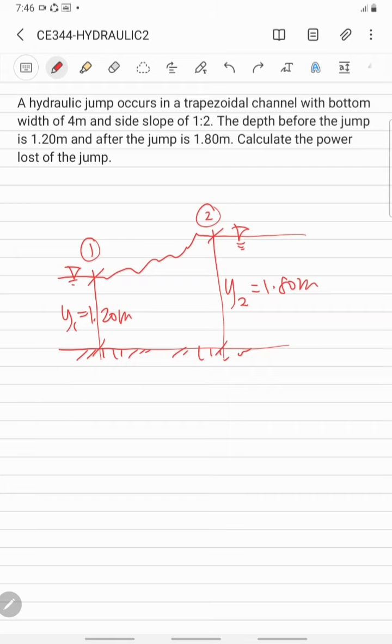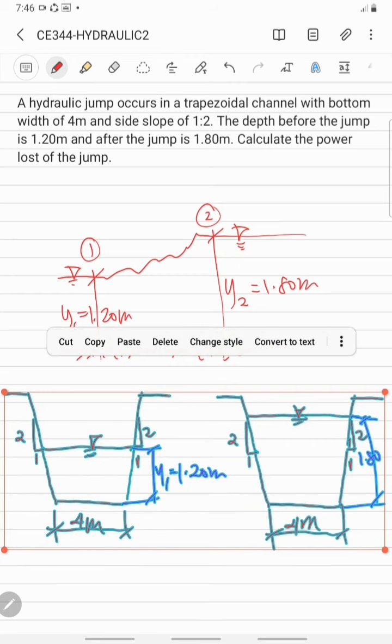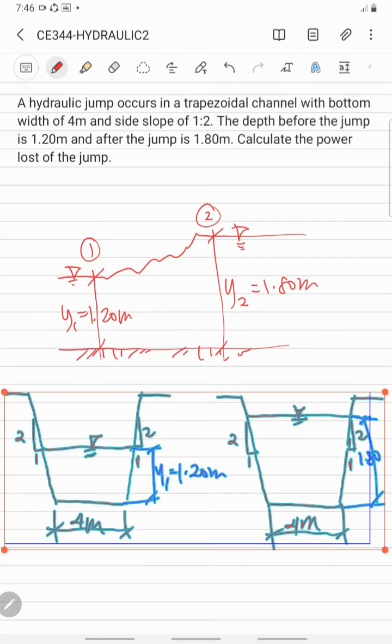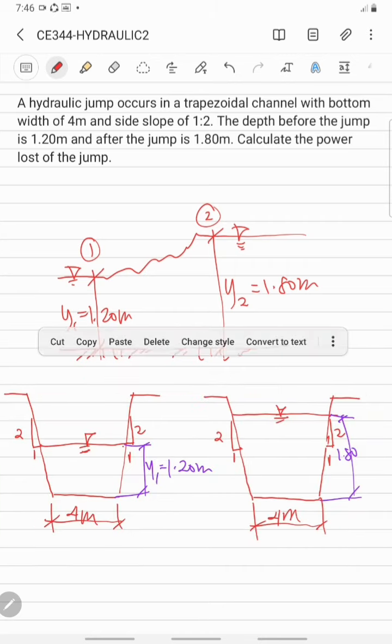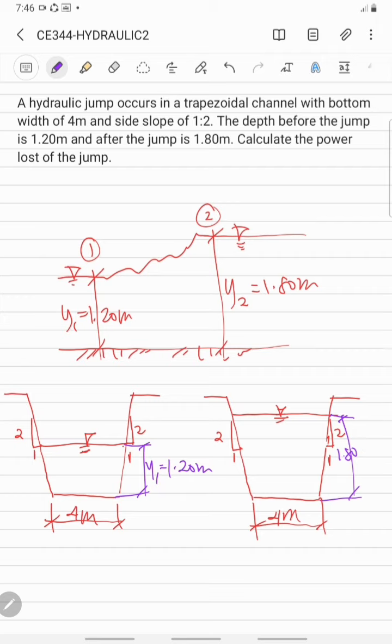The hydraulic jump occurs in a trapezoidal channel. This is the section before the jump and after the jump, and this is the depth after the jump, 1.8 meters.